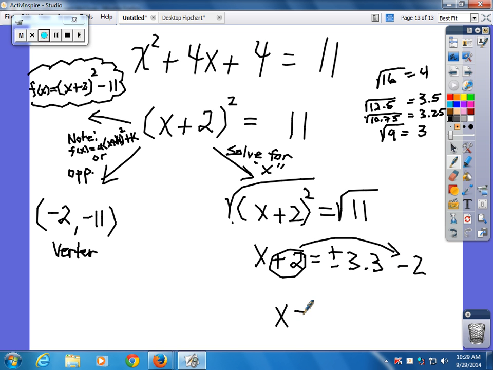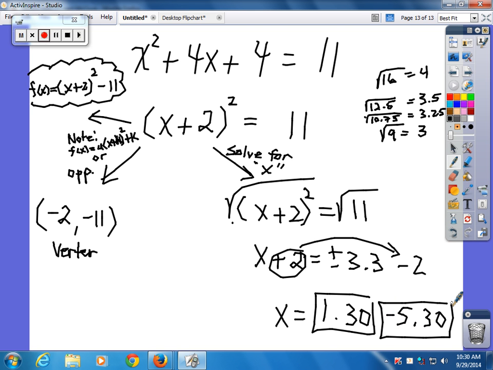So x, what's 3.3 minus 2? 1.3. So that's one x-intercept. Then you have negative 3.3 and minus 2. What's the answer there? And there's your 2 x-intercepts.